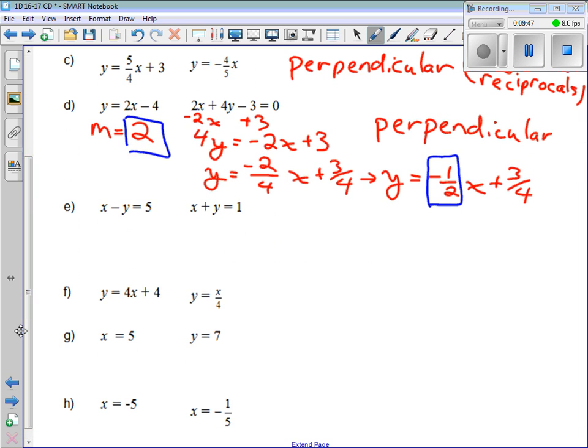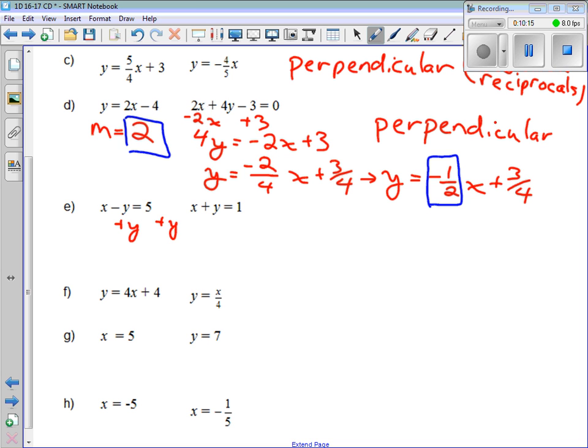All right, our next one here, x minus y equals 5 and x plus y equals 1. What do you think? What would we do first? Andrew? Okay, so how would we do that? I'm going to add y there. Oh, no, wait, that's not going to work. Sorry. Yeah, it will work.